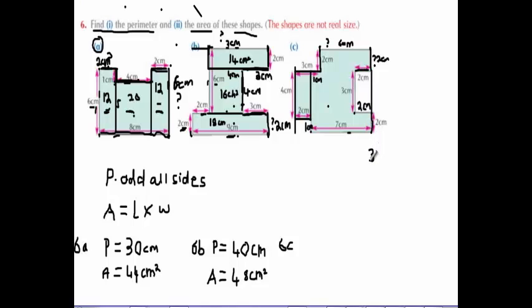And that will give us our perimeter, 37 centimeters. So for 6C we've got 37 centimeters as our perimeter.